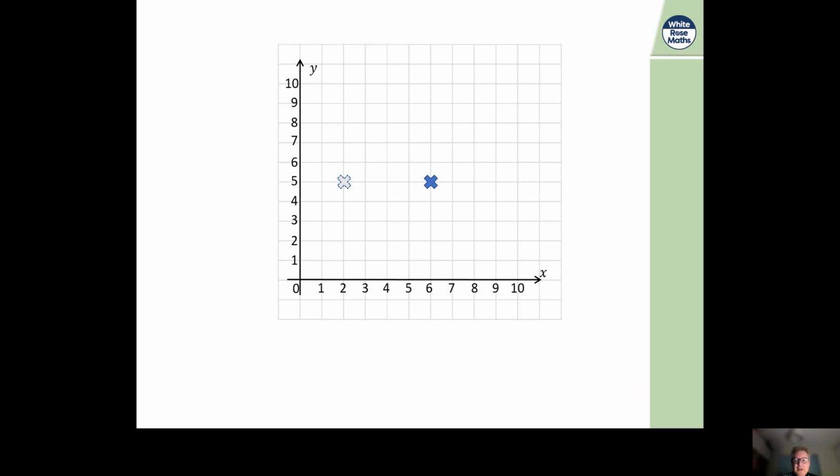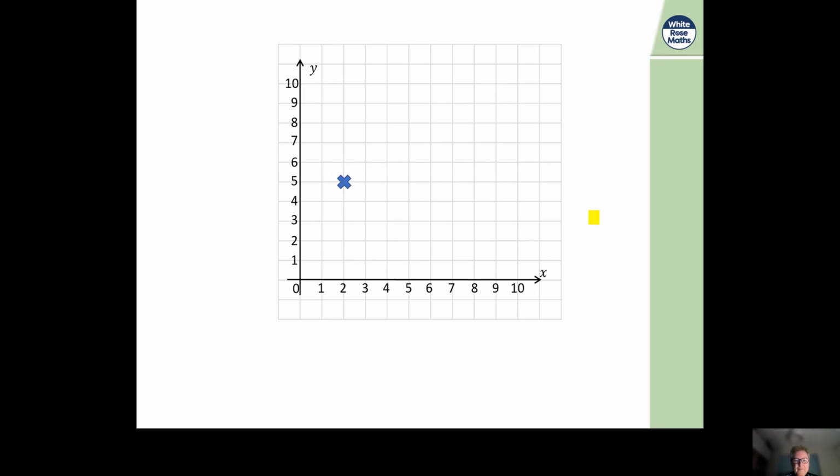So this time we have a plotted coordinate here. What's the coordinates of that? And then it moved. And it's moving again. Let's go back.